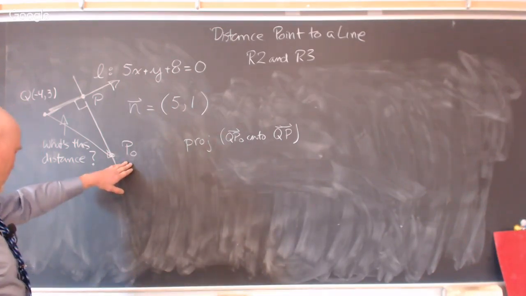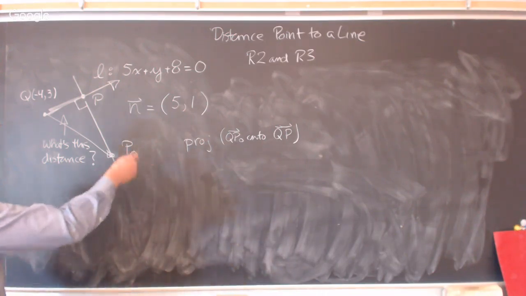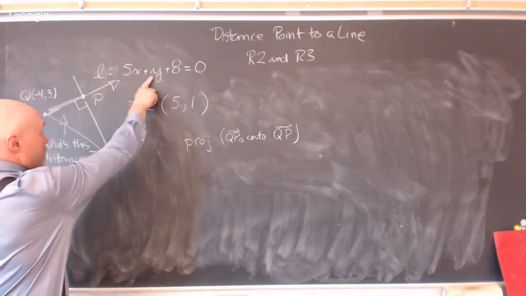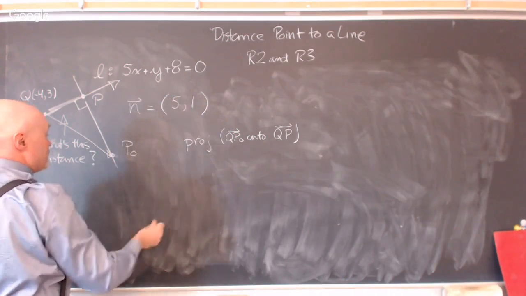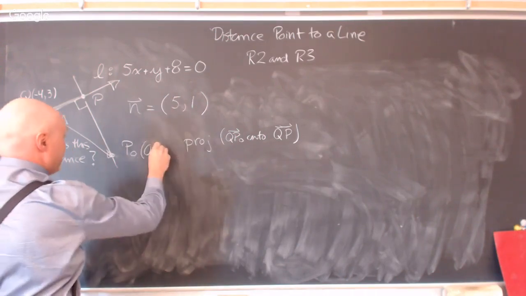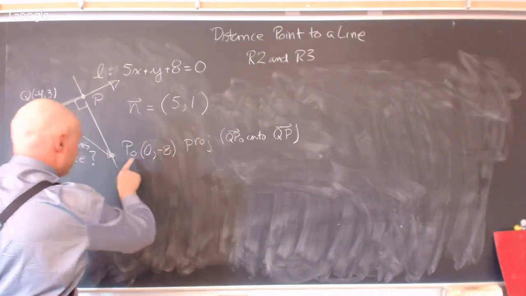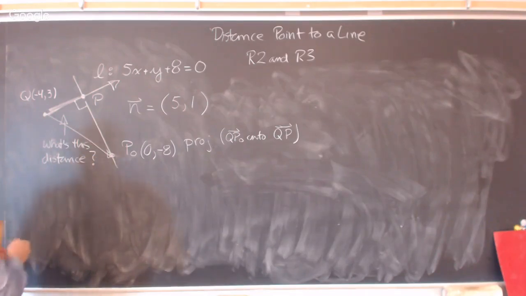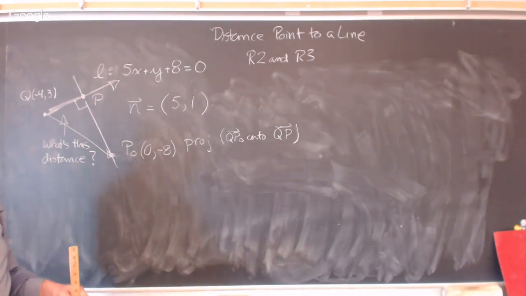All right. I can choose any old point that I want to figure out what QP is, okay? So let's see. If I choose 0 for x, I put a 0 in for x: 0 plus y plus 8 is equal to 0. So if I put a 0 in for x, I get out a negative 8 for y. So this is my point P down here. Now I'm going to have to turn QP into an algebraic vector so that I can project it.